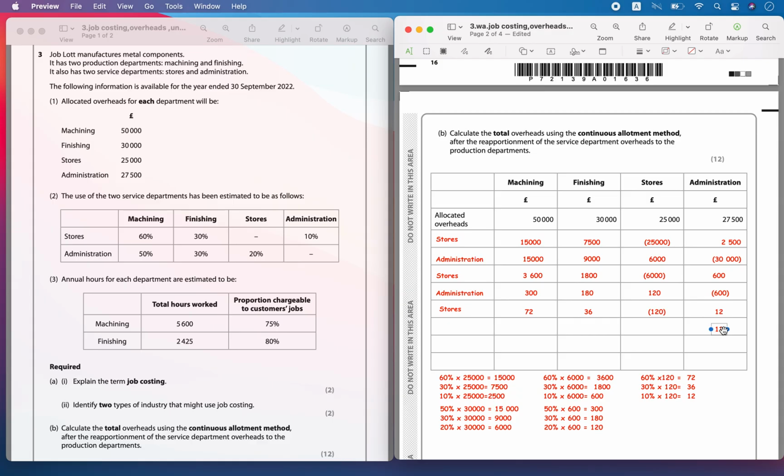Administration of 12 also. I told you to do it till it turns into single digits. So you will again distribute the cost in this ratio.